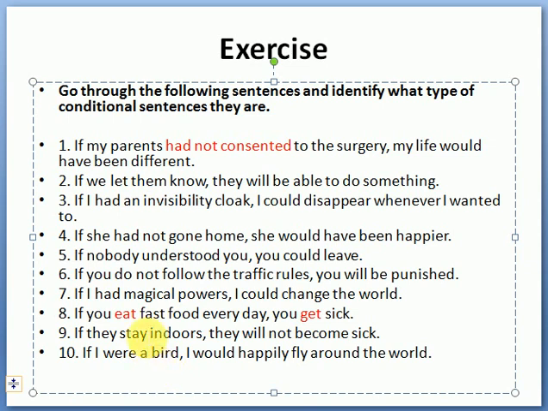And if we have a look at this: if they stay indoors, they will not become sick. They stay indoors, this is the simple present, and will not become sick, this is the simple future. And what conditional makes use of the simple present and simple future? The first conditional. And here the outcome is likely to happen, not guaranteed, but most likely that it will happen.